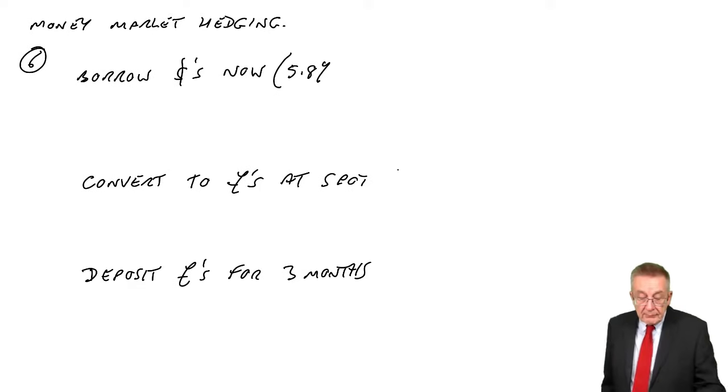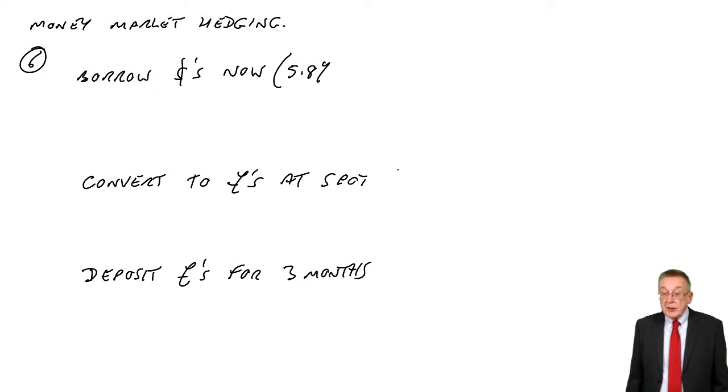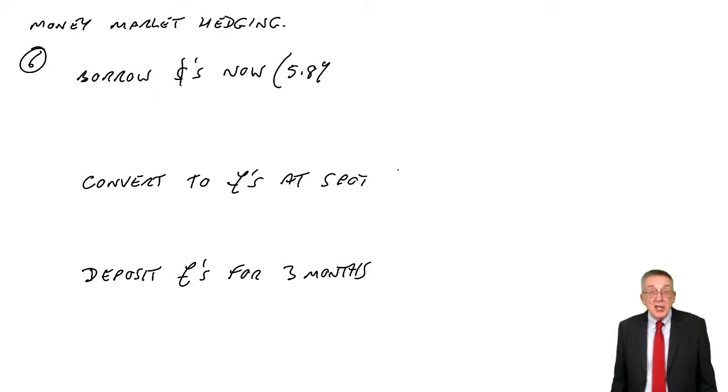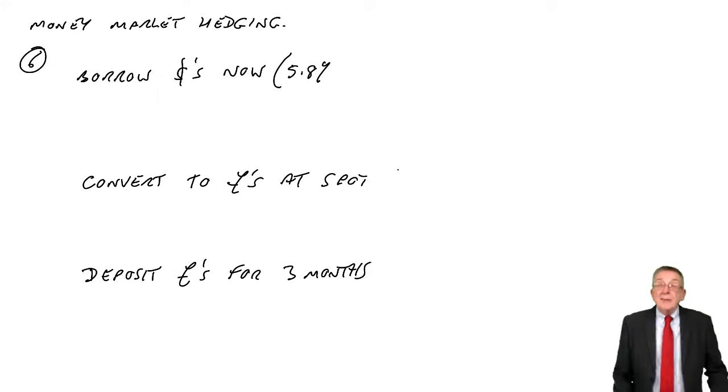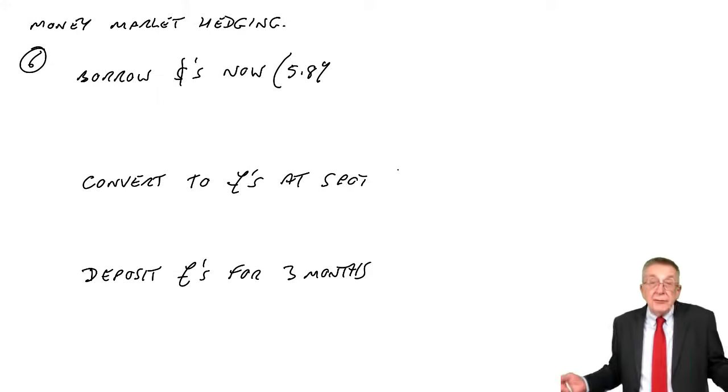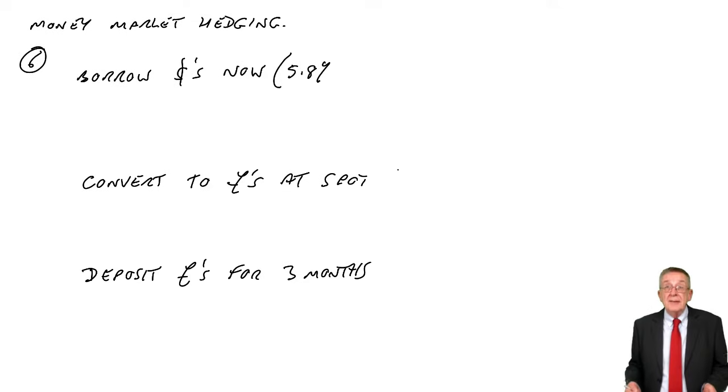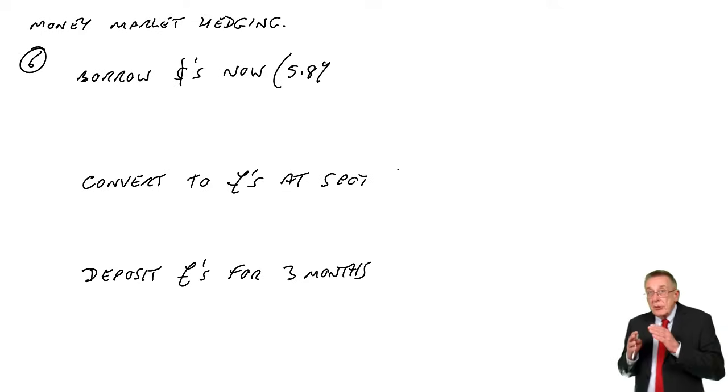So here, if you're borrowing for 3 months, they will charge at the rate of 5.8% a year. If you're borrowing for 6 months, they'll charge a different rate. They might charge 6% a year. So the rates given are always yearly rates.